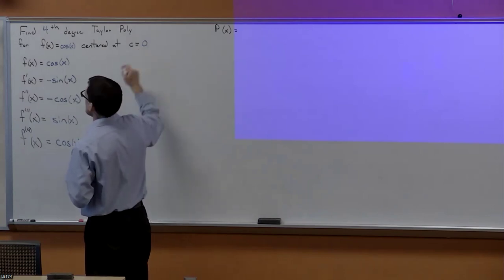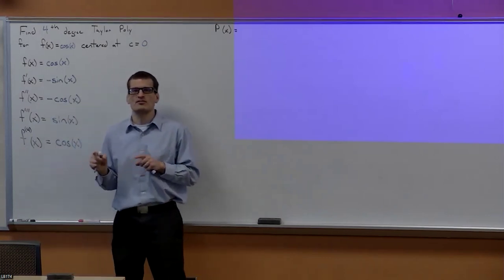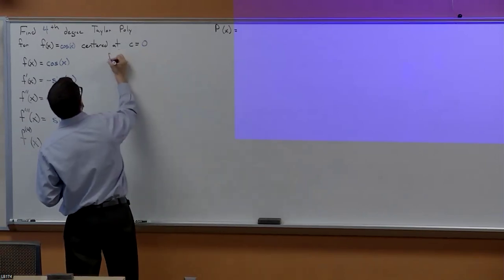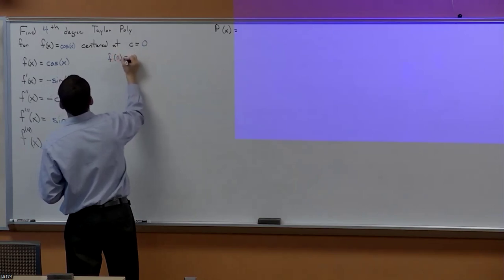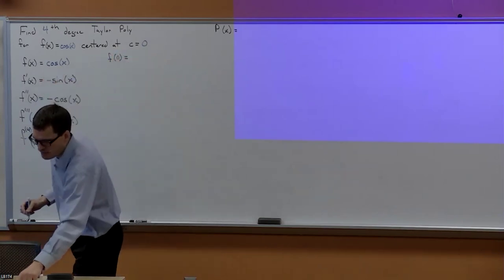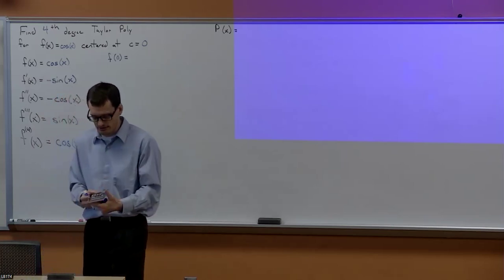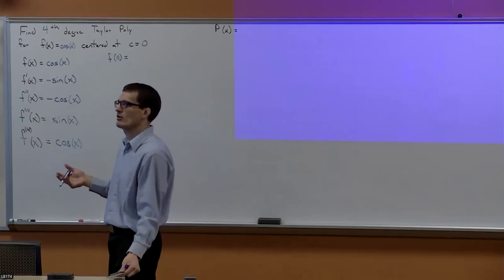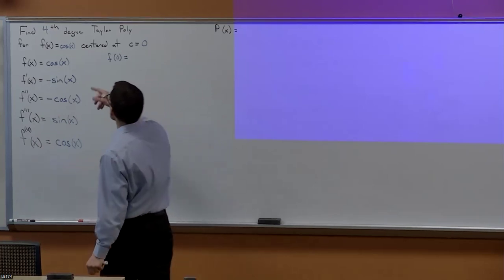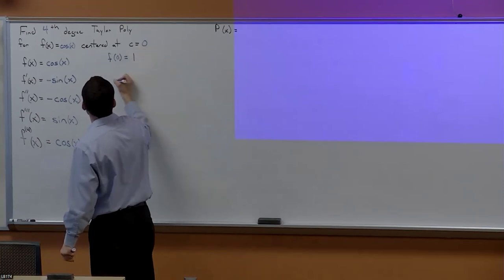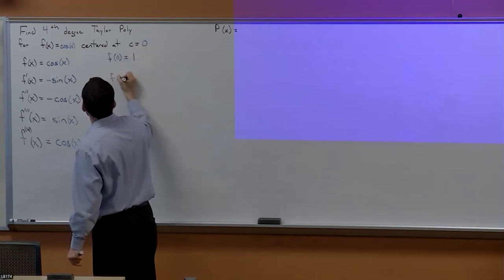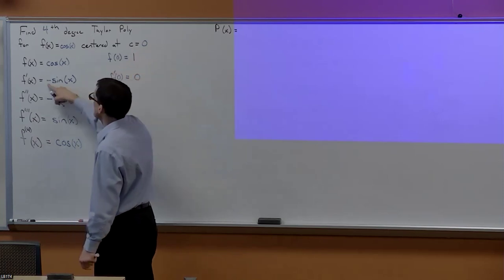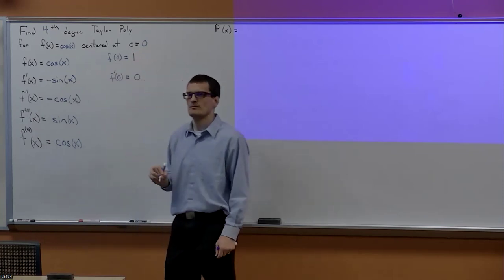I'm centering this at 0, and I know that because it's called the Maclaurin polynomial. So I plug in 0 into my function. If you want, you can type into your calculator cosine of 0, or just by knowing how cosines and sines work, cosine of 0 is 1. Sine of 0 is actually 0, so negative sine of 0 is 0.